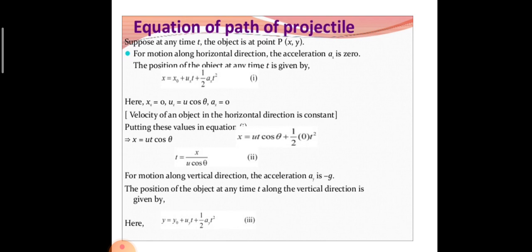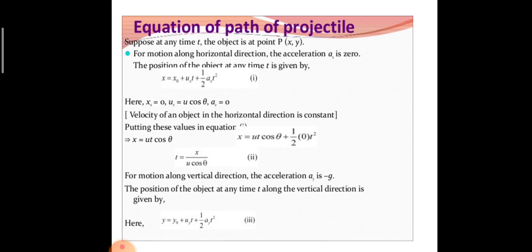For motion along the vertical direction, ay is equivalent to minus g. So, the position of the object at any time t along the vertical direction is given by y minus y0 is equivalent to uy t plus half ay t square.